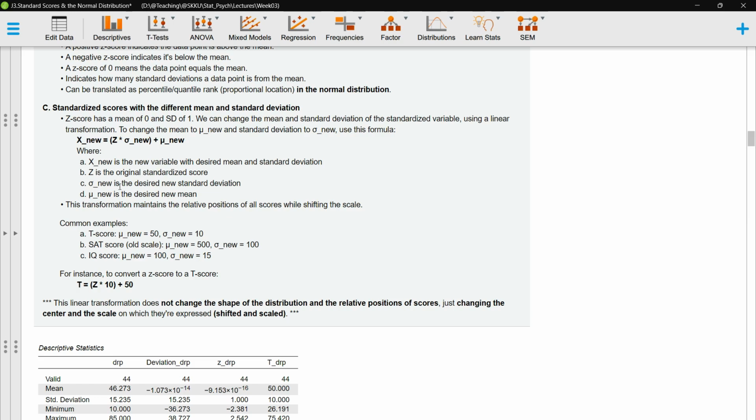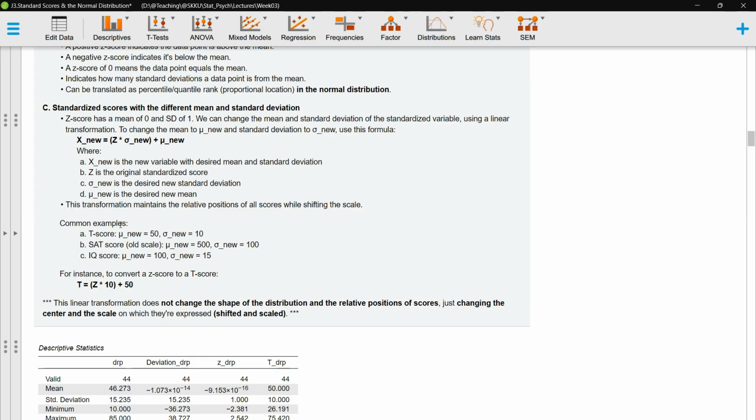Sigma_new is the desired new standard deviation, and mu_new is the desired new mean. So we can set any value of sigma and mu for the new variable.